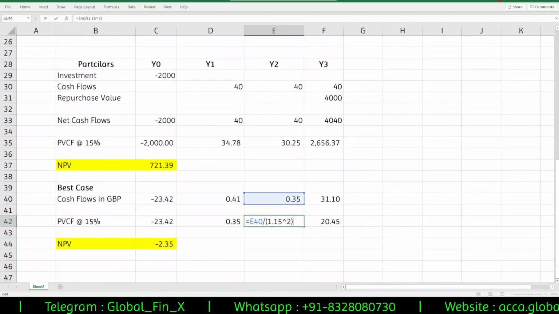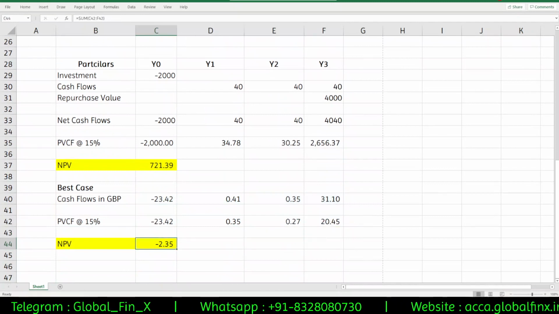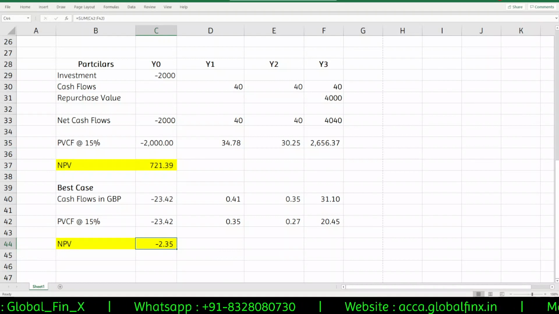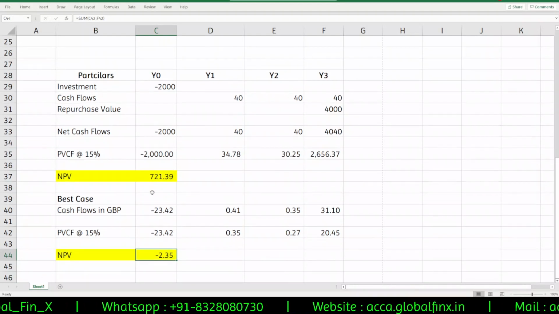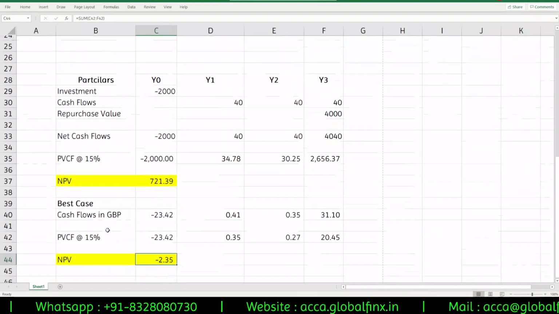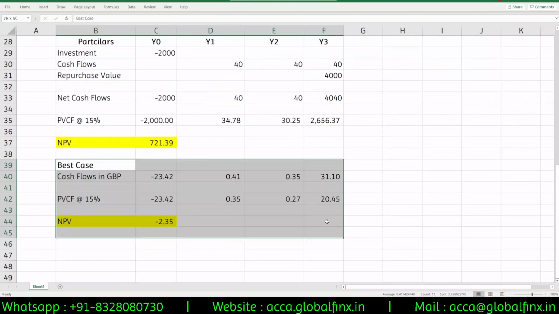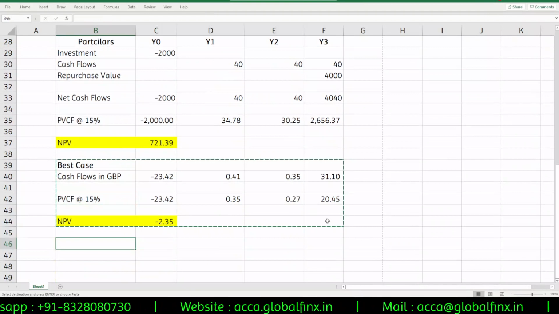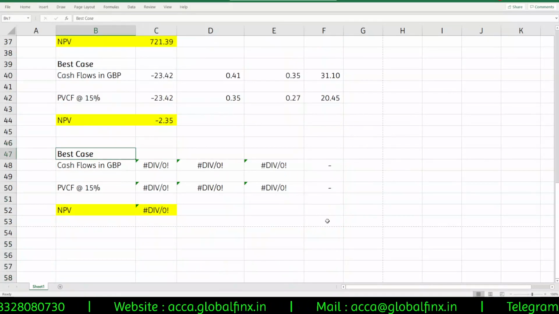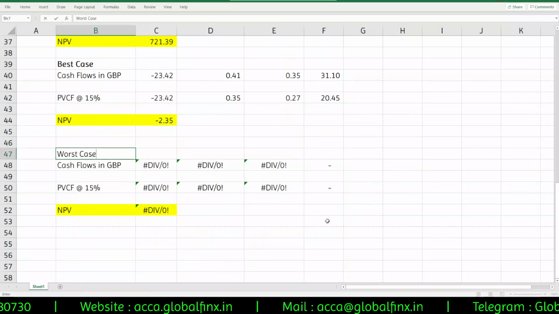Perfect. So I'm getting a negative NPV if I'm considering the inflated cash flows in GBP, after considering inflation. This is all Excel, guys, as simple as that. This is not any rocket science, just Excel knowledge that is working out here.